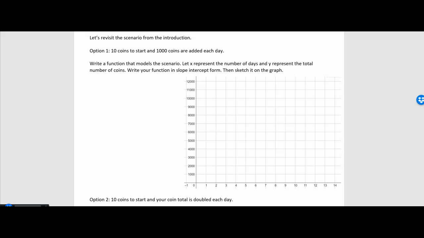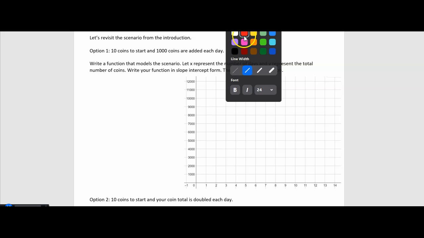Okay, so I'm actually going to put them on the same graph because otherwise I'd have to scroll back and forth and I'd lose one when I go to the next. So for my linear function, right at day 0, I start with 10 coins. Then after day 1, I add 1,000, so I get 1,010, and I just keep going.